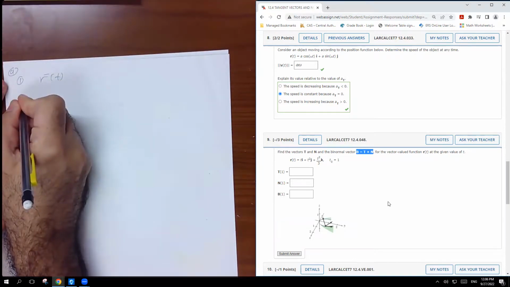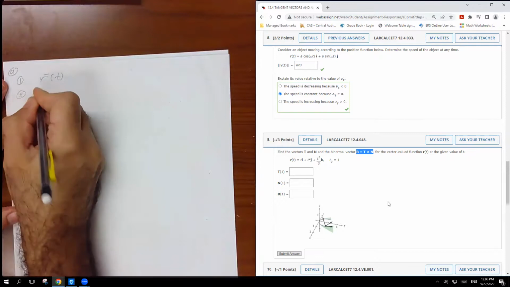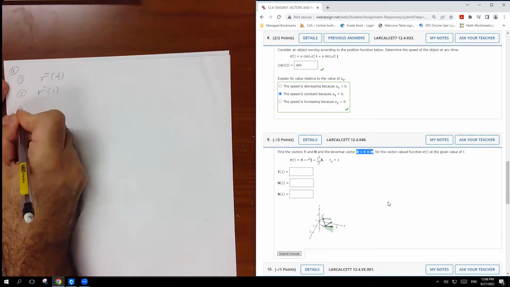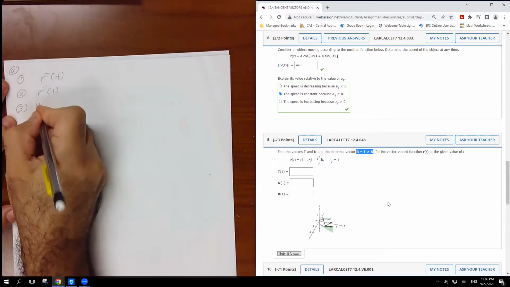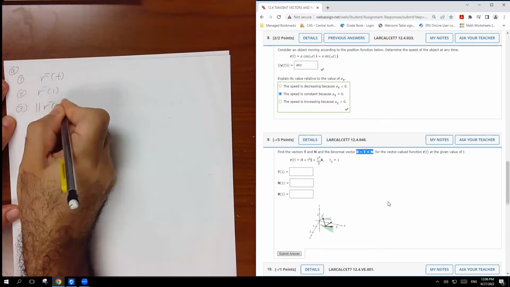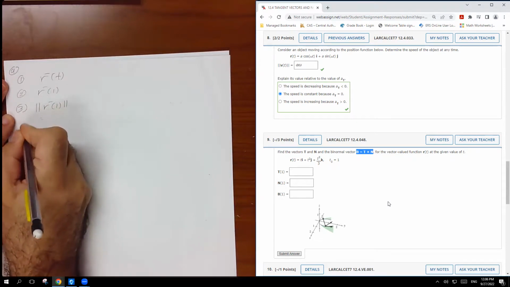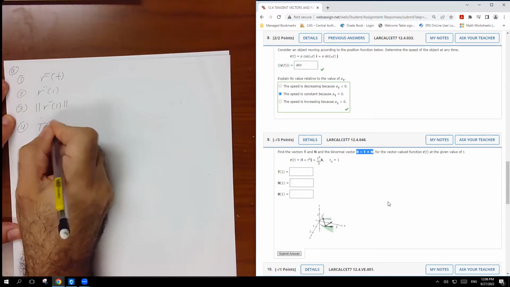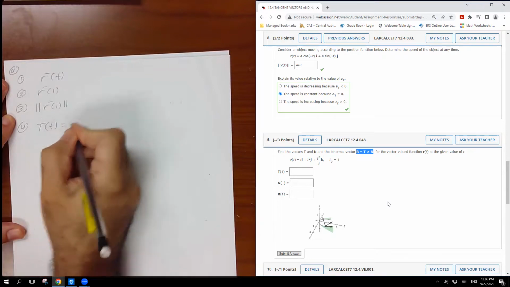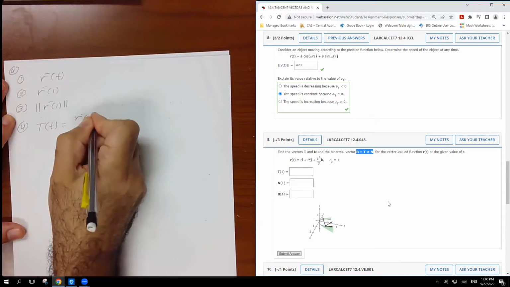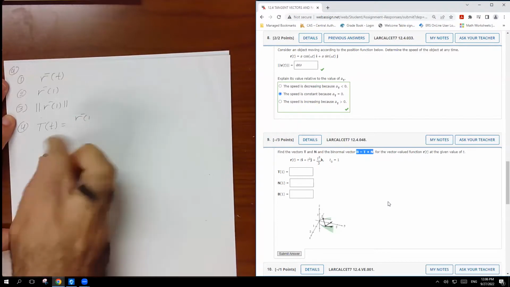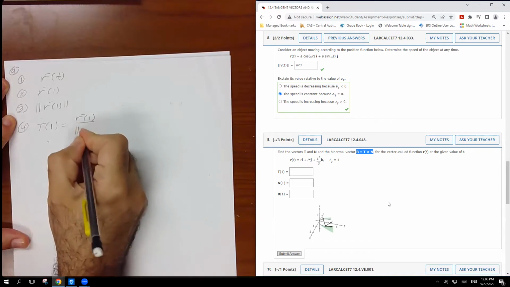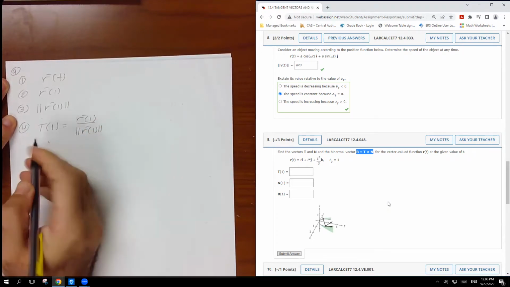Then you're going to find the prime, write down this step with respect to t. Step 3, you're going to find the length with respect to t. Step 4, you're going to find the tangent vector, which is going to be the prime with respect to t over the length of this one.